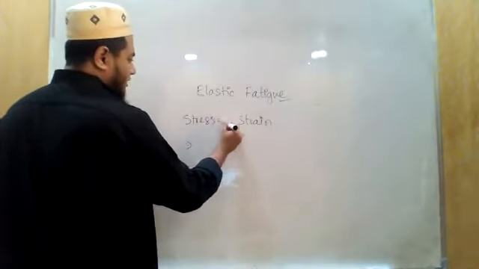We know that elastic modulus is equal to stress by strain. Longitudinal modulus is equal to longitudinal stress divided by longitudinal strain. Very simple, right? All you have to do is just add the word longitudinal.